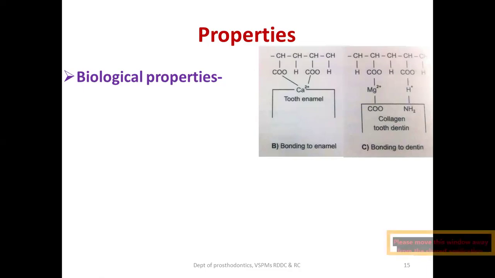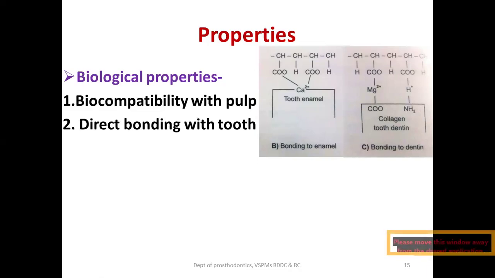Now, what are the causes that give this mild effect on the pulp with zinc polycarboxylate? The first reason is that polyacrylic acid is a weak acid as compared to phosphoric acid. That's why the effect is mild.